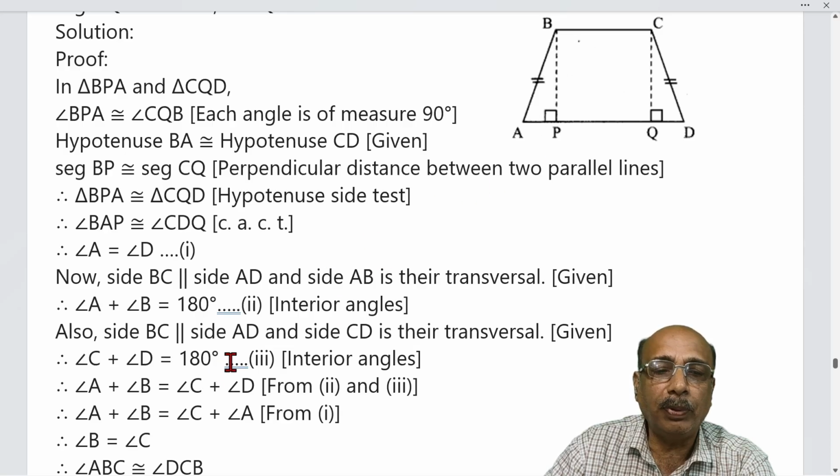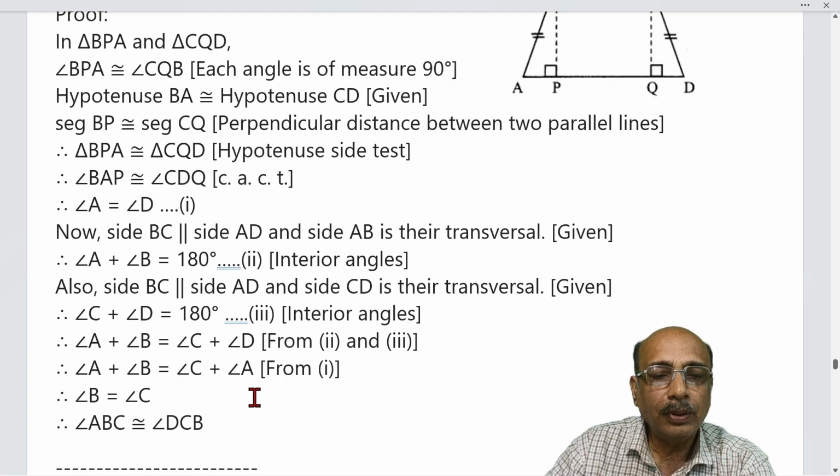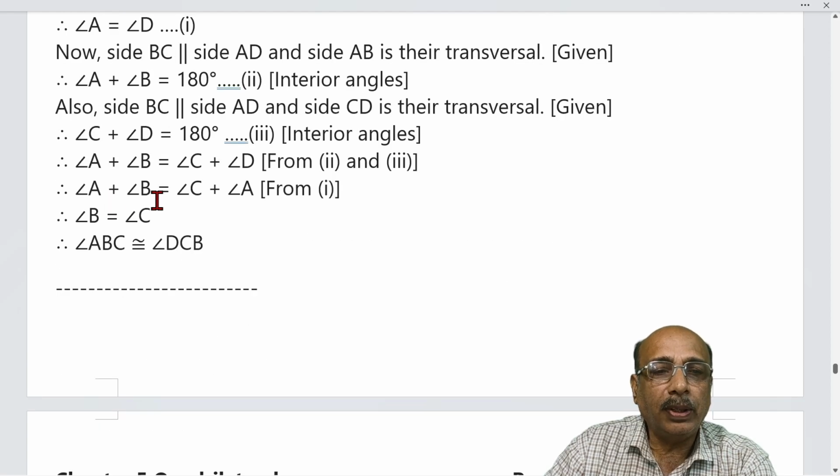So, A plus B equals 180 degrees, C plus D equals 180 degrees. So, both are equal. Equating them, angle A plus angle B equals angle C plus angle A, taking angle A instead of angle D. Angle A gets cancelled. Therefore, angle B equals angle C. Therefore, we say angle ABC is congruent to angle DCB.